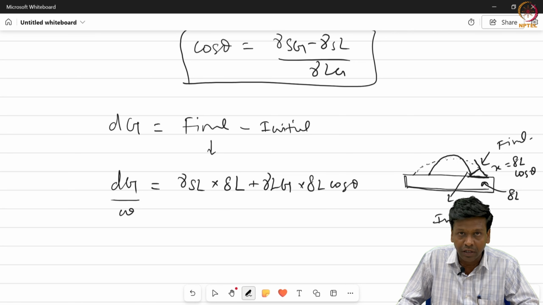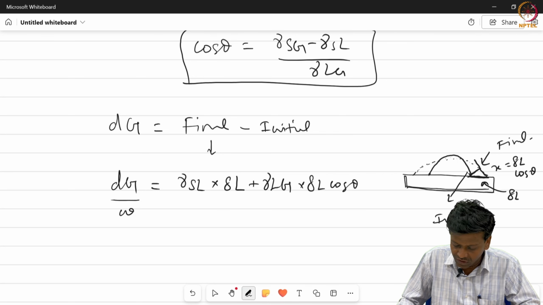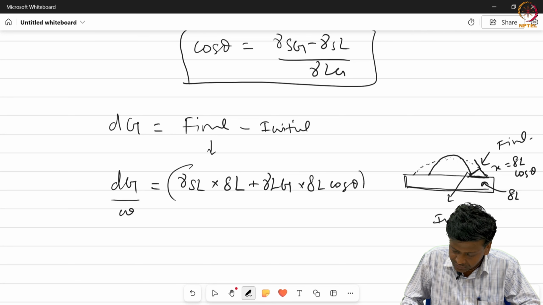Because of the spreading, it establishes some angle with the solid surface, and you can obtain this using the geometric rule. Based on which you will get gamma SL into delta L plus gamma Lg into delta L cos theta.